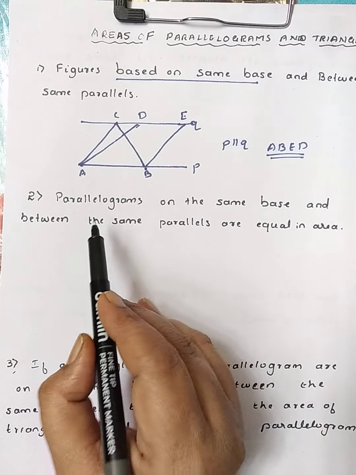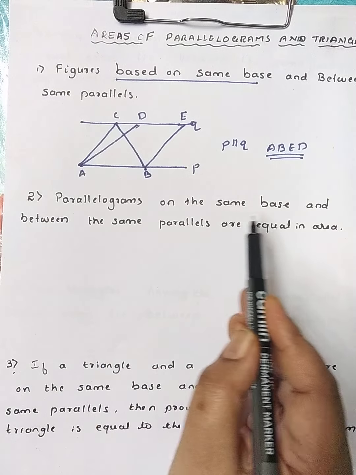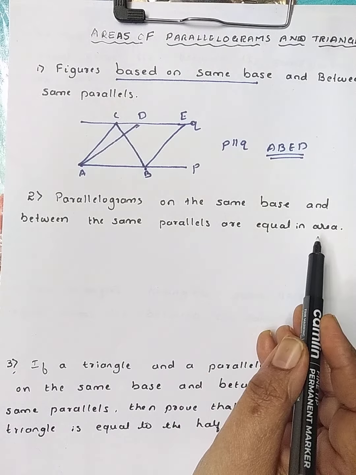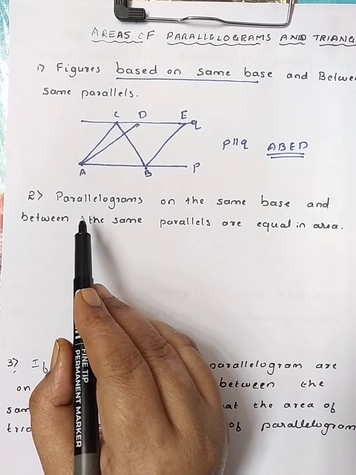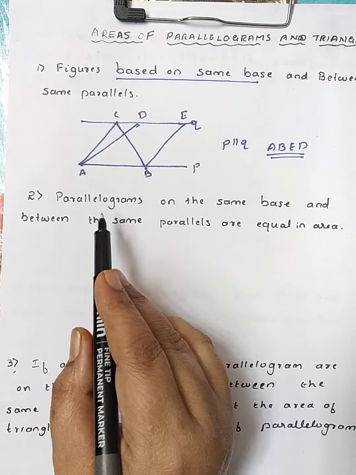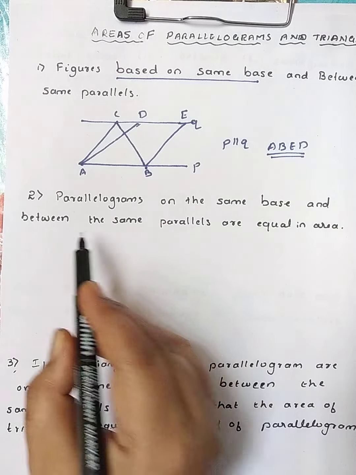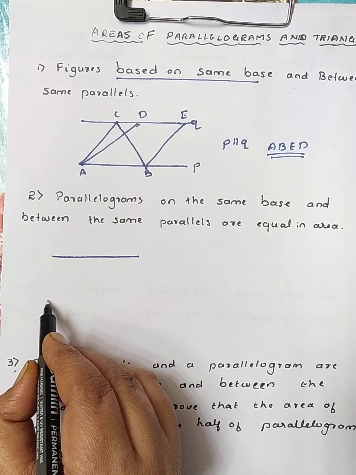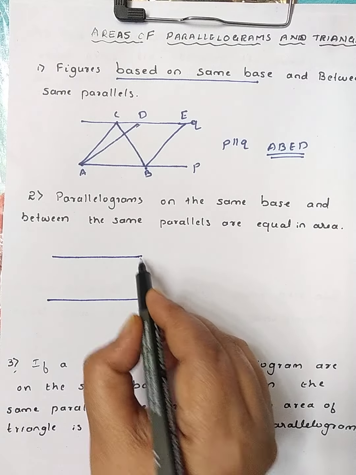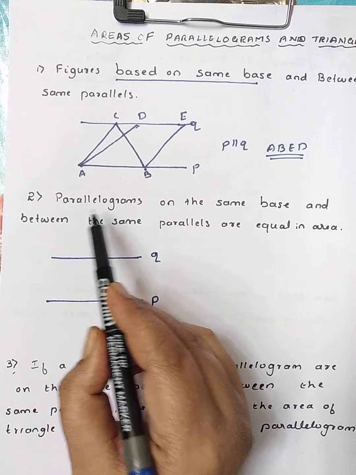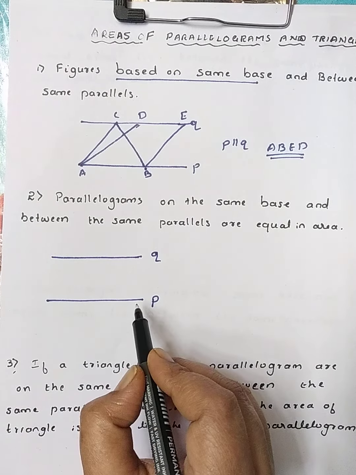And the second one is: parallelograms on the same base and between the same parallels are equal in area. This is a theorem in the textbook. So here I am drawing two parallel lines, P and Q. And parallelograms on the same base, this is the base.